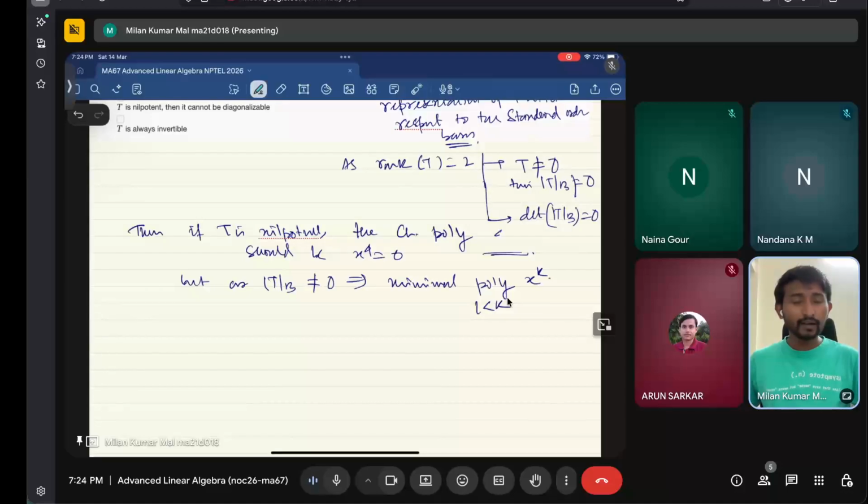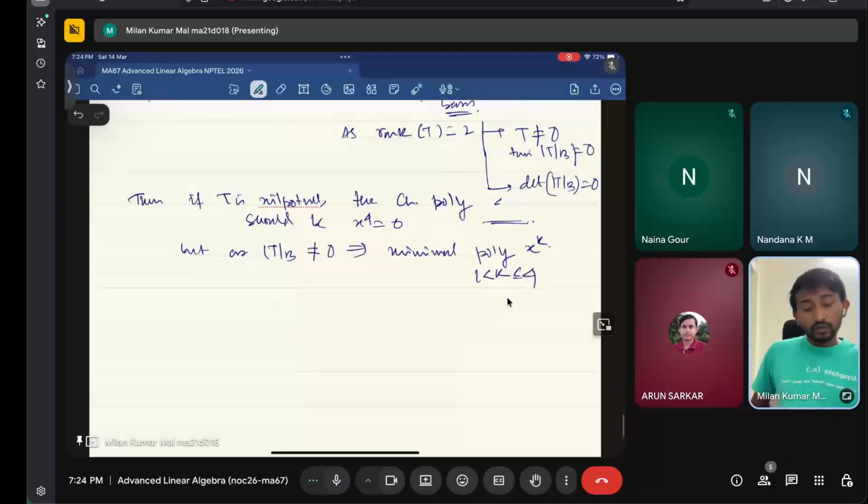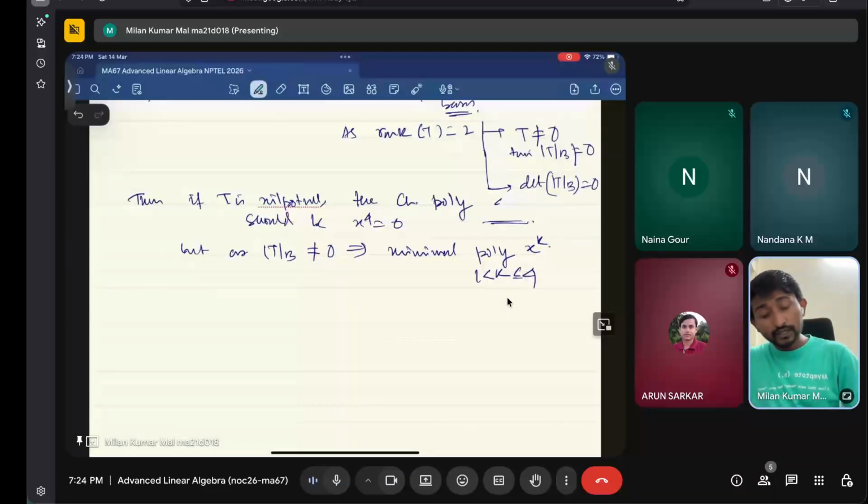And k will be less than or equal to 4. That means the minimal polynomial can be, in this case, x square, x cube, or x4. These are the only possible choices.